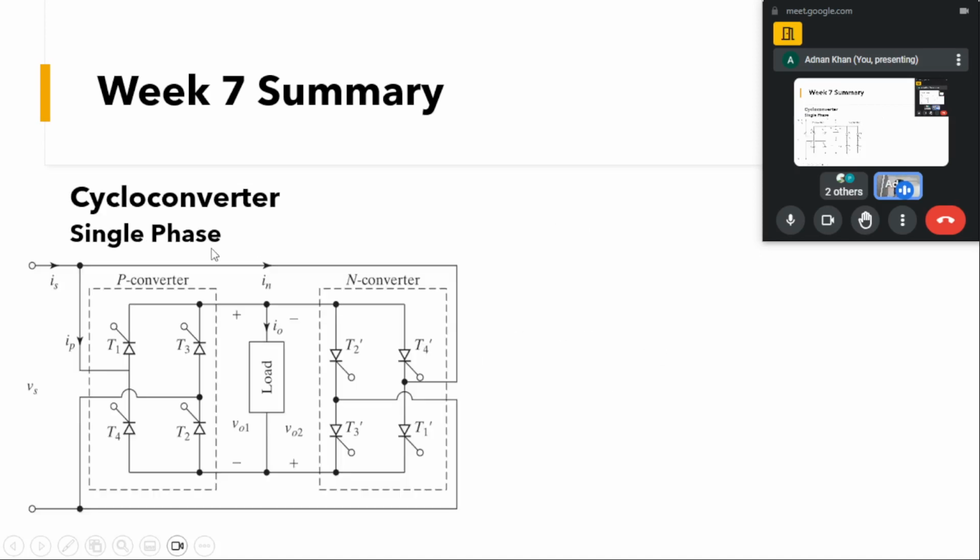Another AC to AC converter is the cycloconverter. Here you can see we are having a single phase cycloconverter.